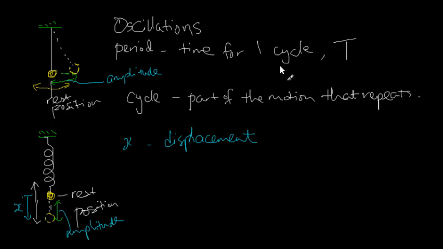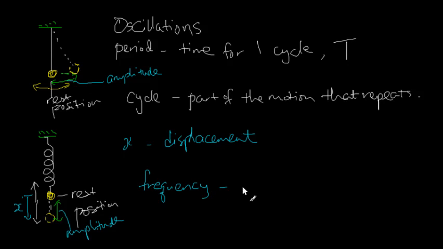Now, when we talk about period, it's the time for one cycle. Now, then we have the idea of a frequency. Frequency means, let's say in 1 second, this swings a few times. Okay, or this goes up and down a few times. So it makes a few cycles in 1 second.